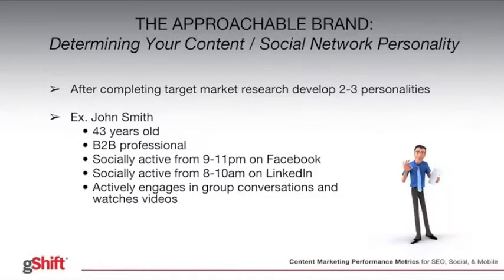All right, so we've got a couple different examples here. Once you've looked at your target market, you want to develop 2 to 3 different personalities. So look at who they are, who the personalities within your audience are. It's not necessarily likely that you'll have just one personality within your target audience.